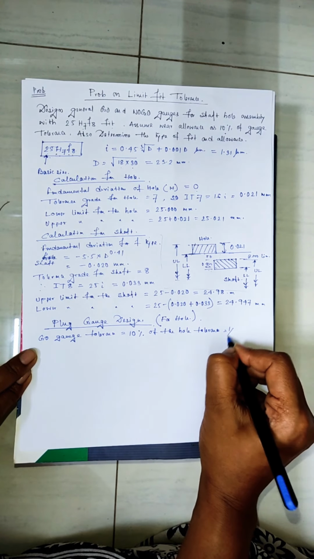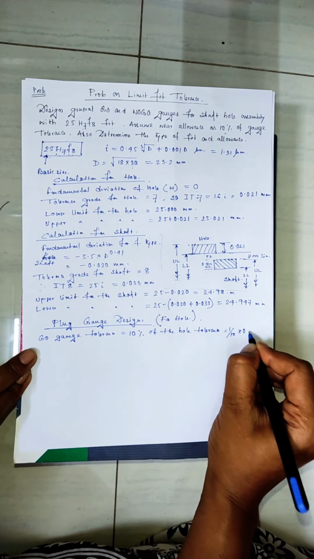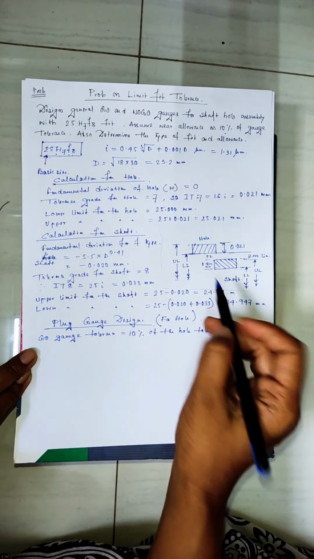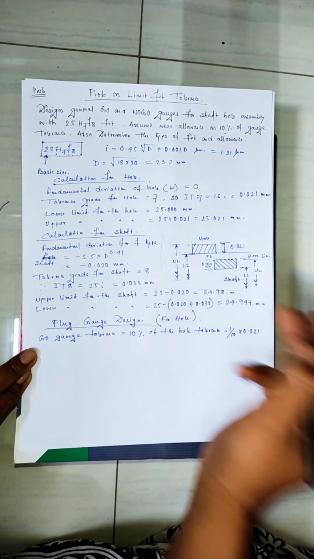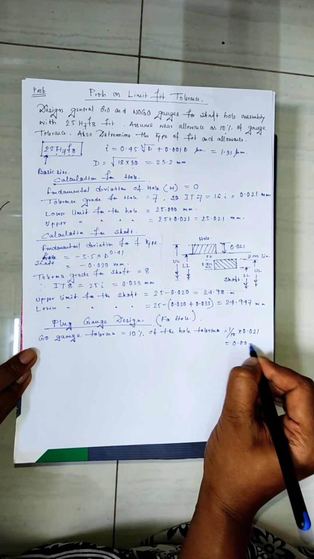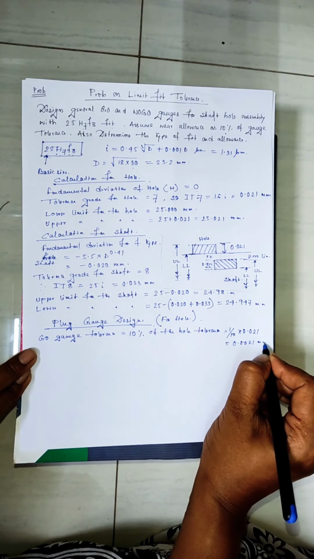Clear? So 1 by 10 multiplied by 0.021. Say 0.021 is the tolerance for the hole. So that is equal to 0.0021 millimeter.